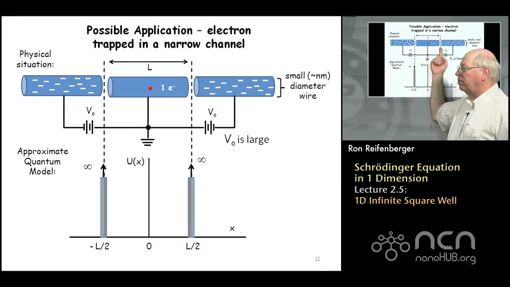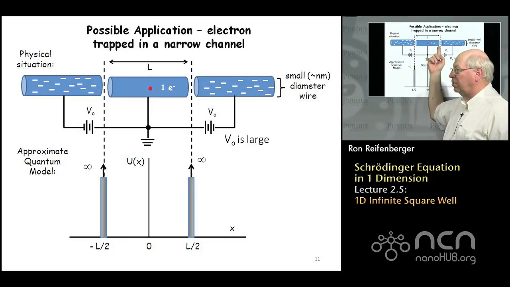Another application is a very short channel, right? The channel length is L. We pretend that there's one electron trapped in this short channel. You can imagine that short channel is separated from electrodes on either end. You can imagine that these electrodes are biased negative so that there's no chance for the electron to ever escape from this channel width.